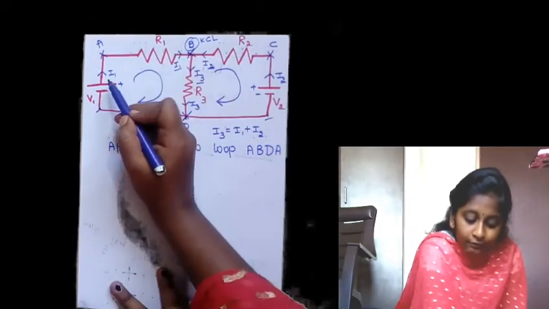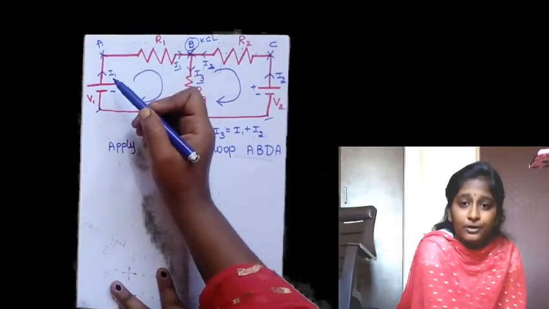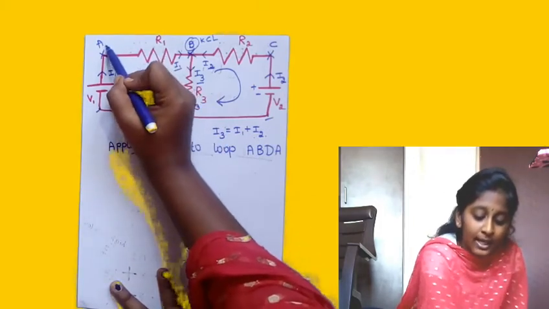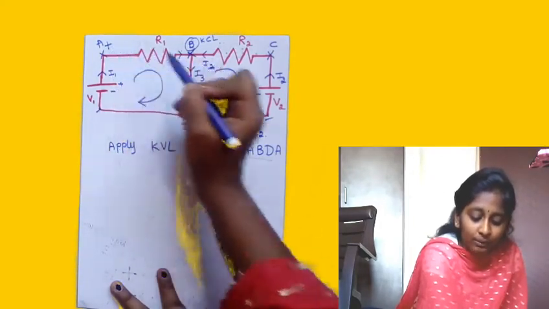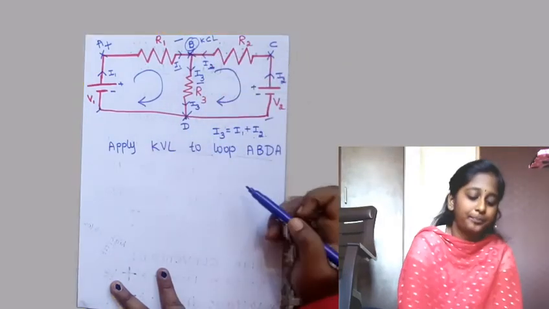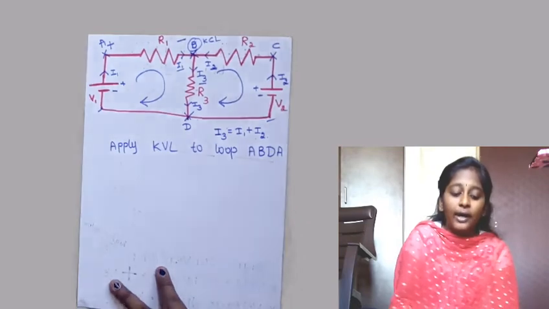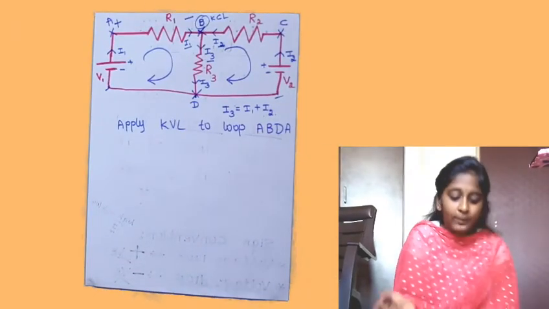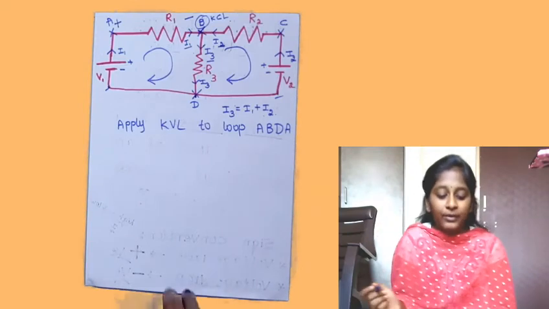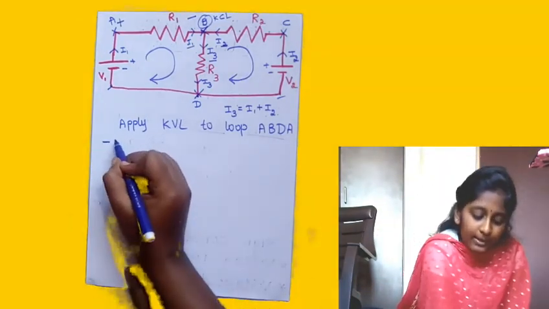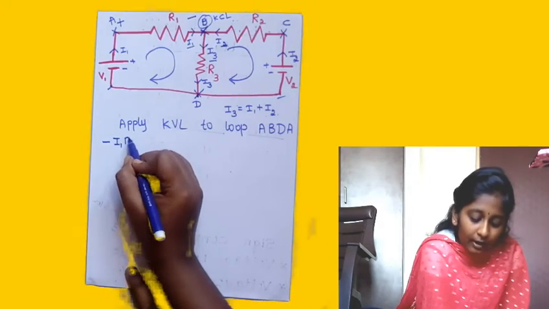The current is flowing from higher potential to lower potential. That means A is at the higher potential, plus, and B is at lower potential, that is minus. Now I have told that according to the sign convention, voltage drop is taken to be negative. That is, the voltage drop across R1 will be minus I1 into R1.